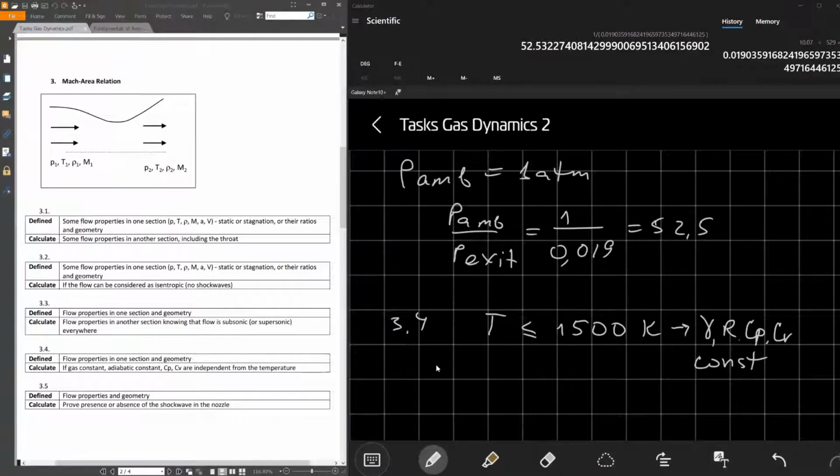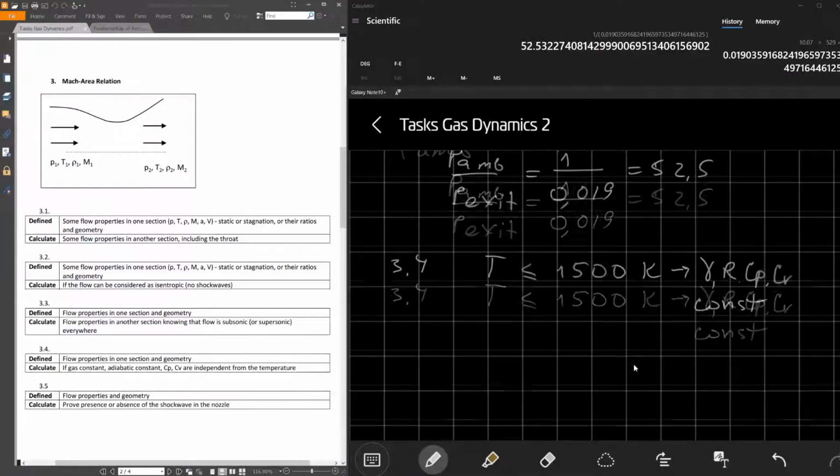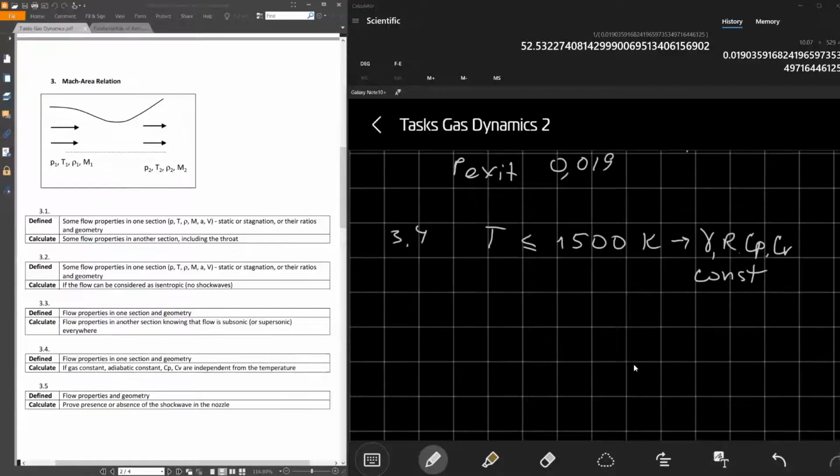To understand if temperature overpasses this limit or not, we need to use isentropic relations on the nozzle. For example, say we know the flow properties in the exit section, where usually temperature is small and Mach number is high. We need to calculate the maximum possible temperature in this system.